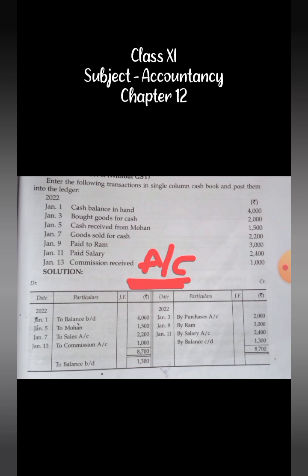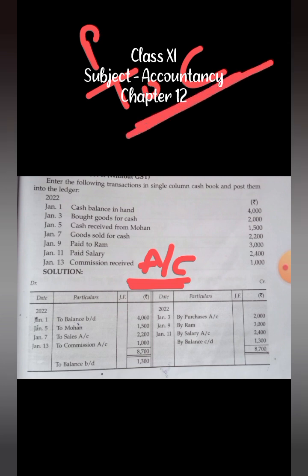Now, the third January transaction is, for example, bought goods for cash. The entry is recorded as purchases to cash. That means cash is credited, so we go with the credit side with the name of purchases, rupees 2000.